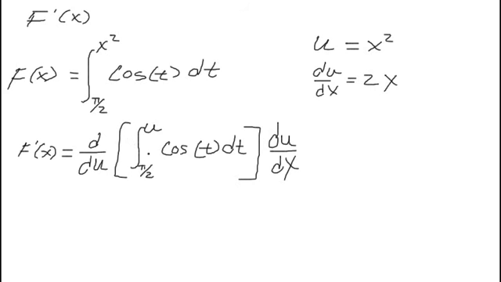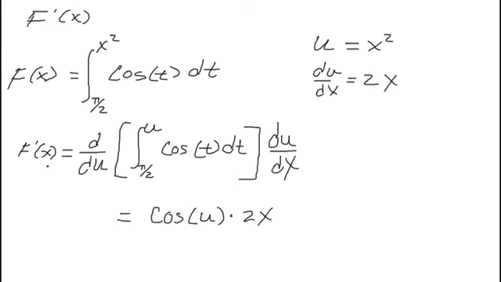Okay, so by the second fundamental theorem of calculus, this piece right here is going to end up becoming just cosine of u times, and then we have the du over dx, which is 2x. And guess what?